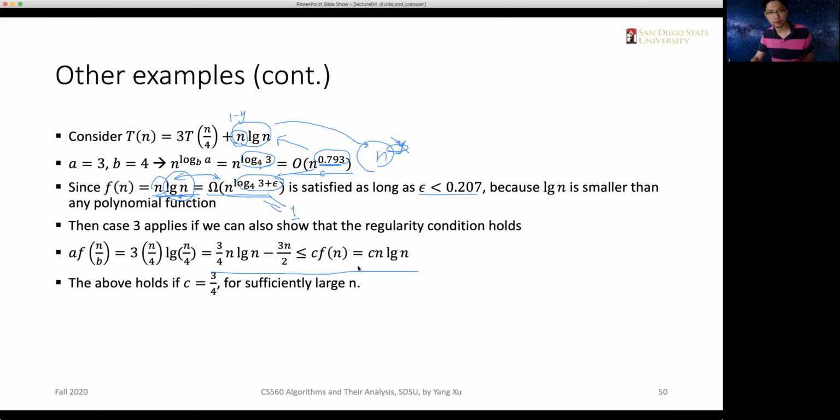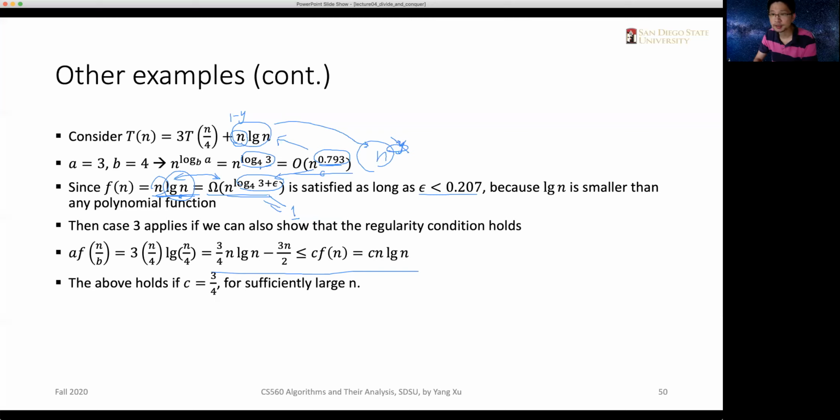Okay, so in this case, we can solve the inequality and find that if C equals 3/4, the inequality for the regularity term applies. Okay.